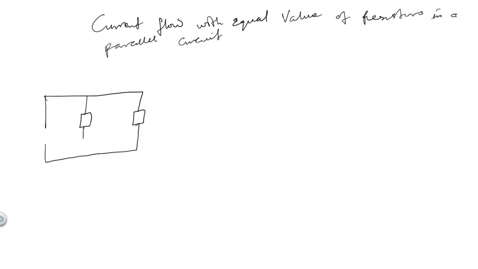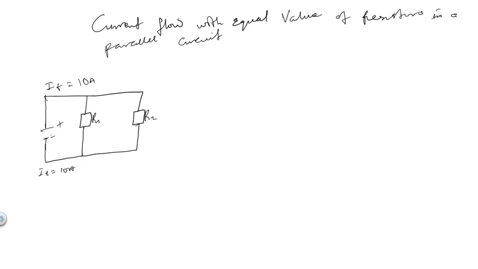Let's have this. This is R1, this is R2. Let's say this is I total, which is equal to 10 amps flowing in. I total flowing in is 10 amps.